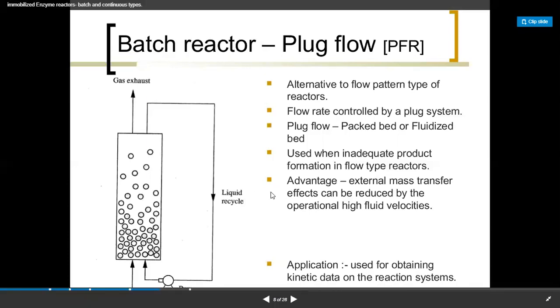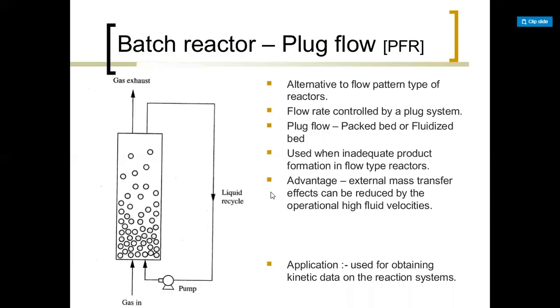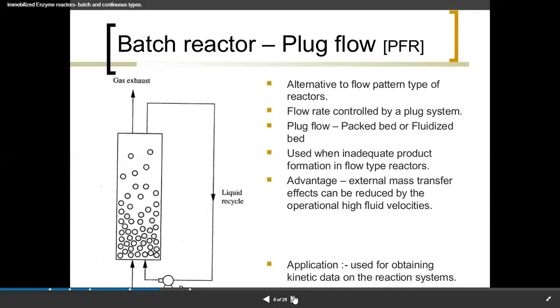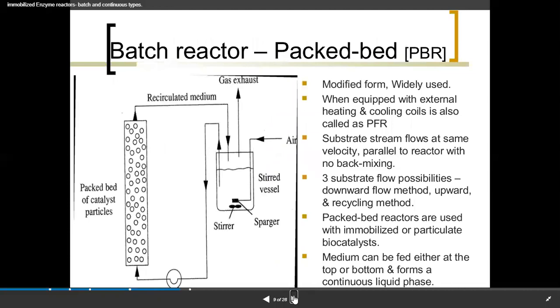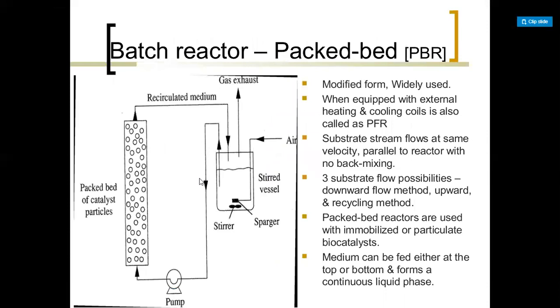The advantage is that external mass transfer effects can be reduced by the operational high fluid velocities. Packed bed reactors are modified forms and are widely used. When equipped with external heating and cooling coils, it is also called PFR.